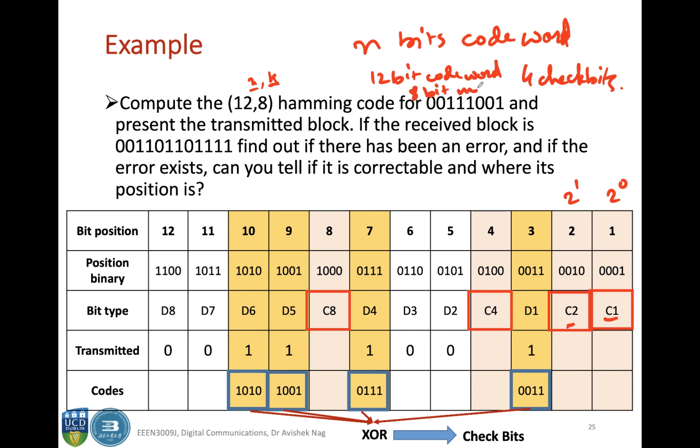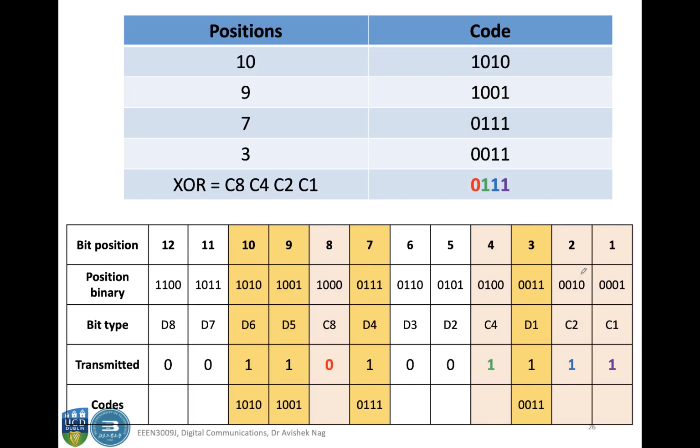So basically you are mapping these 8 bits to generate these 12 bits, and this mapping rule was given by all these methodologies. You have C1, C2, C4, C8, and then the entire code word like this, where you have the different message bits, and in between the message bits you have the check bits embedded according to this rule.